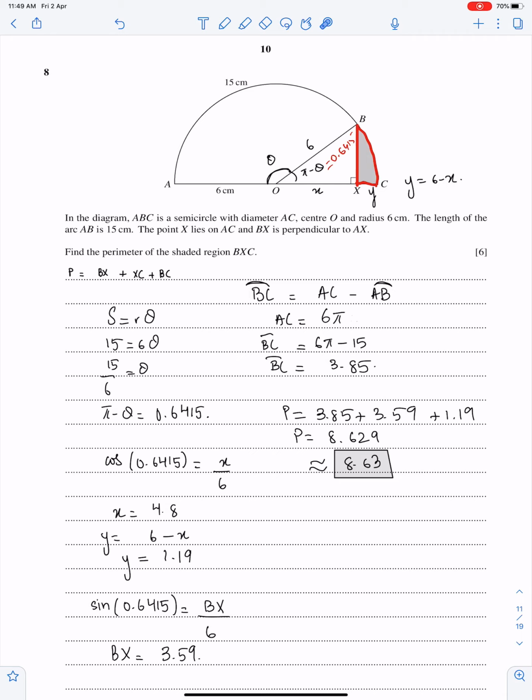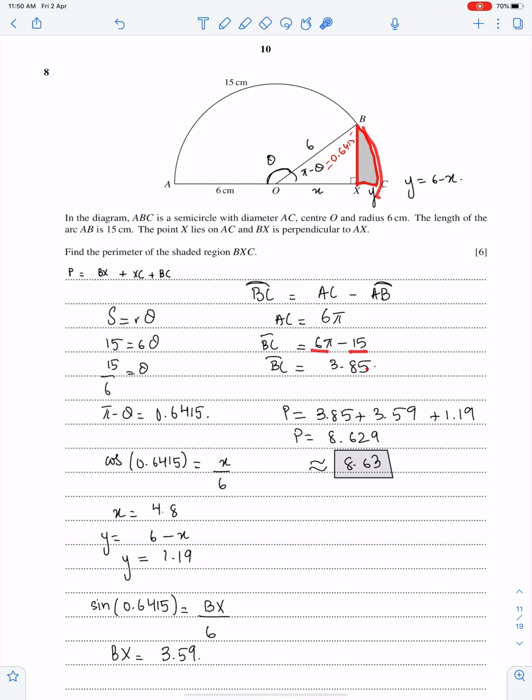Number two, you can get the arc length in this way. This total is pi r. So pi r minus 15 will give you this arc length. 6 pi minus 15 will give you this arc length.